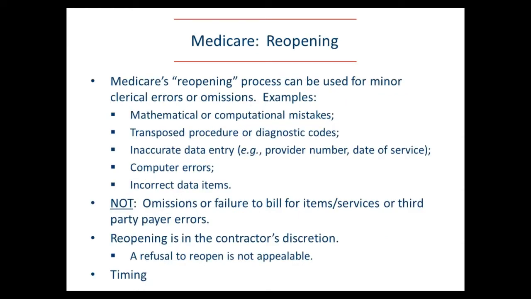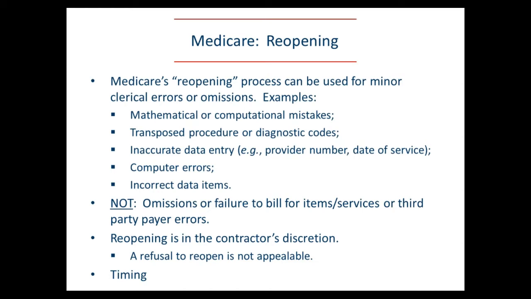As I mentioned, the first one is the Medicare reopening process. It's a limited process. It can only be used for minor clerical errors or omissions. What that means is mathematical mistakes, transposition of a procedure or diagnostic code, mistakes in data entry, wrong date of service, wrong provider number, computer errors, or other incorrect data items.